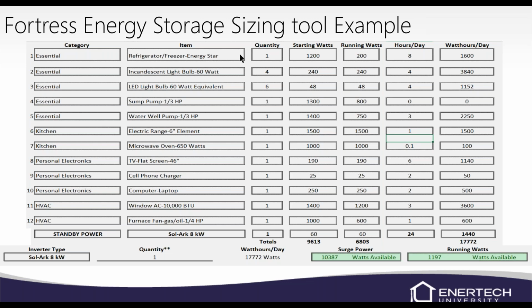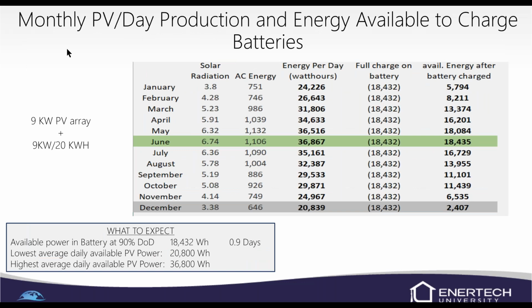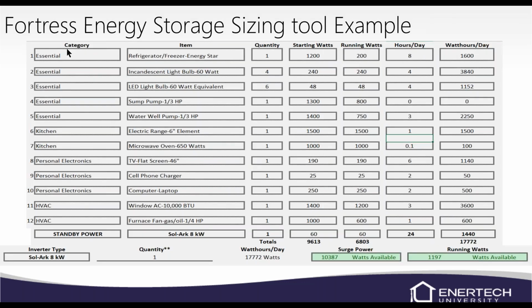There'll be a little drop down, and you can open that up and choose different options. If it was a refrigerator but wasn't Energy Star, you can put that in and it'll spit out some numbers: your starting watts, your running watts, and hours a day. And if for some reason yours is different than what's shown here, you can always adjust these numbers to the right of the item. But you'll have to put in all of these.